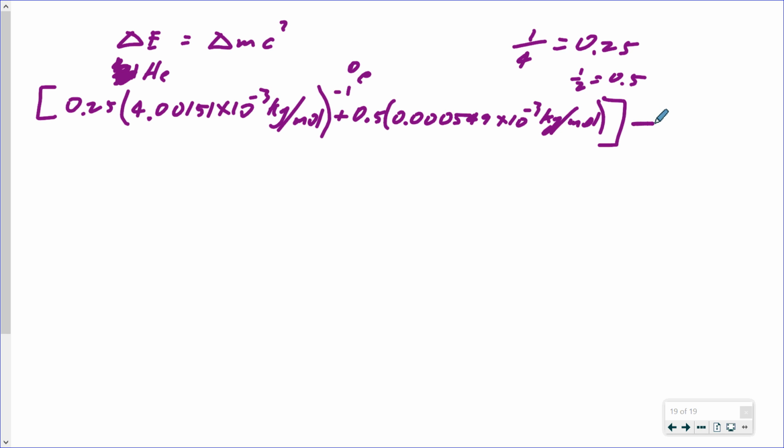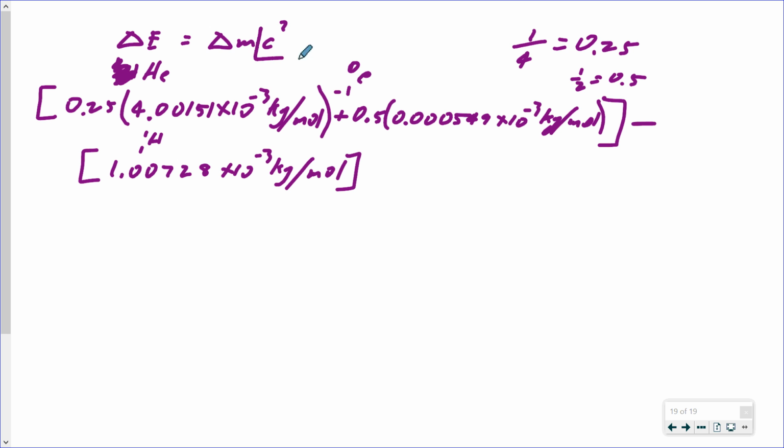I have to write it on a line down below, but I'm going to now subtract our reactants. So I did divide it by 4, so I don't have a coefficient here. It's just 1, so I can just write in the mass for the hydrogen. This is the hydrogen or the proton that I'm putting in down below here, and that's 1.00728 times 10 to the negative 3 kilograms per mole.